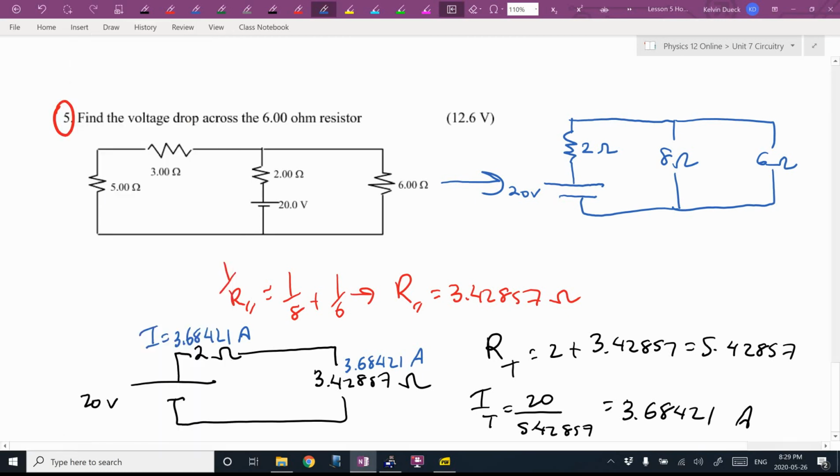And that gives me a voltage right here of 12.63. That voltage is also going to be the voltage loss in the 6 ohm and in the 8 ohm. Each of those is going to be 12.63 volts.